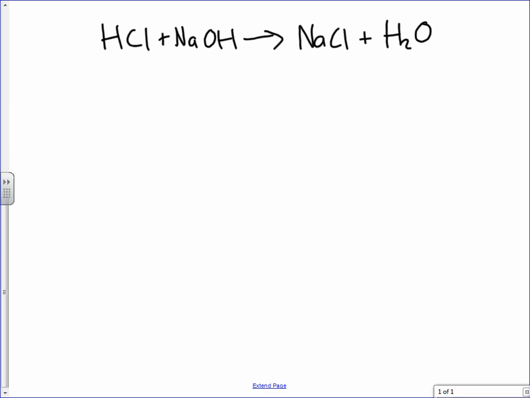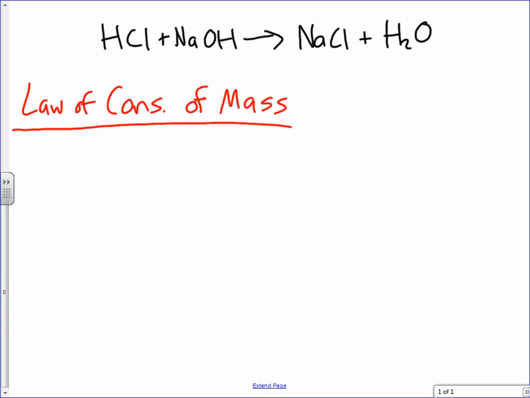There's something we talked about earlier on in the year called the law of conservation of mass. What the law of conservation of mass basically says, at least applied here, is you have to have the same amount of mass before the reaction as you do after the reaction.